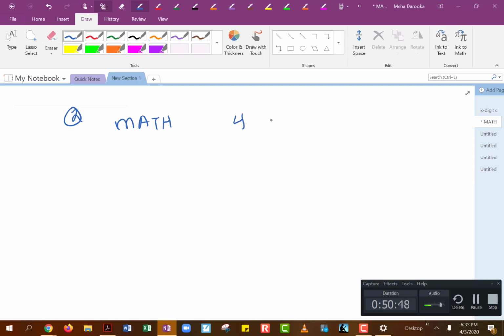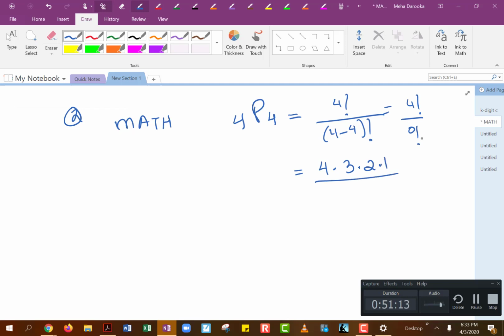So that means our permutation would be 4 factorial over 4 minus 4 factorial, which is 4 factorial divided by 0 factorial. 4 factorial would of course be 4 times 3 times 2 times 1. And then 0 factorial of course is just 1. So when you multiply, 4 times 3 gives you 12. 12 times 2 gives you 24. So you are looking at 24 different possibilities, right?